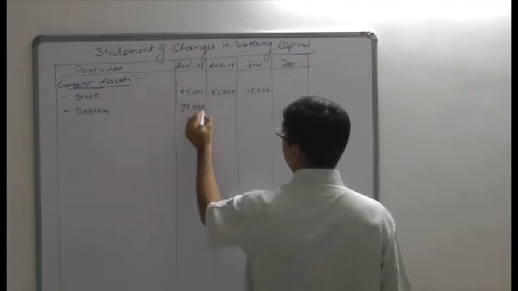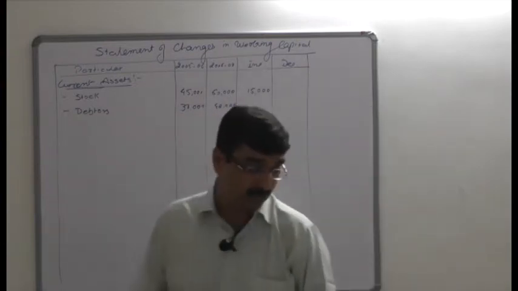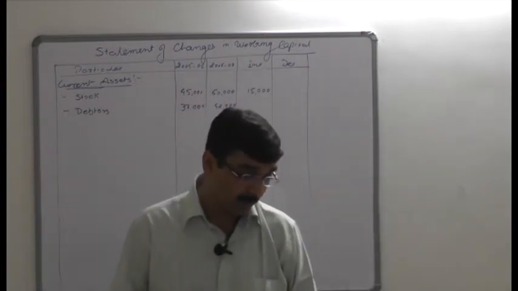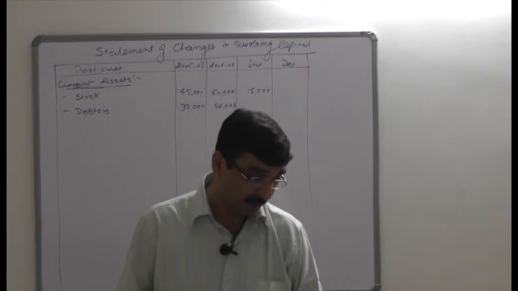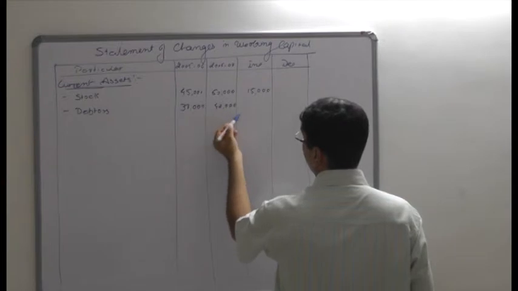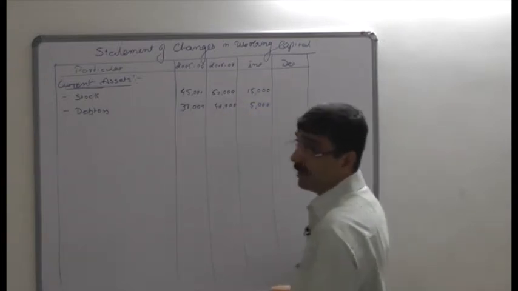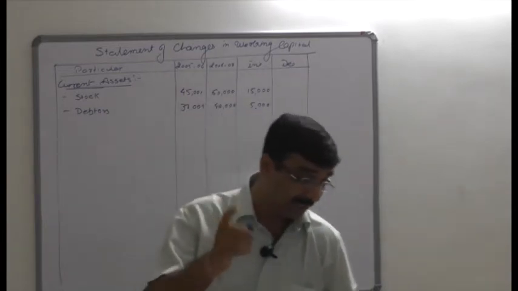In that sense, the difference in debtors is 5,000 rupees. This also shows the current year current asset is higher than the last year, so it is considered as an increase in working capital.